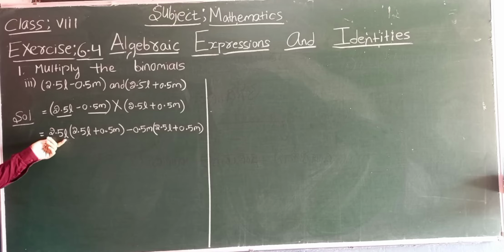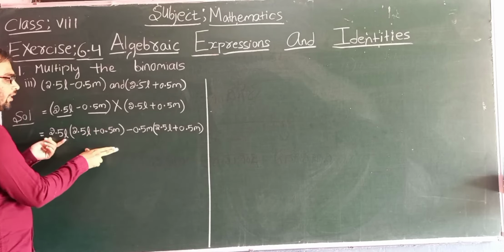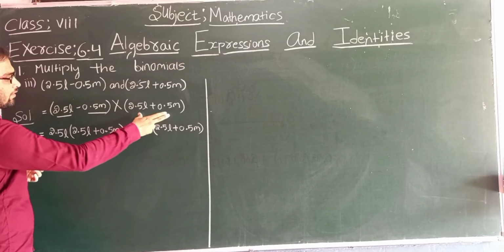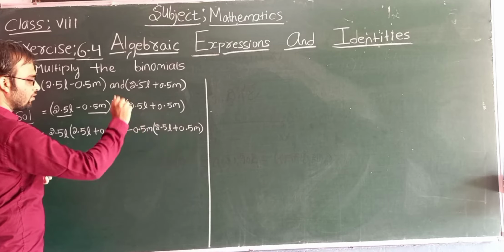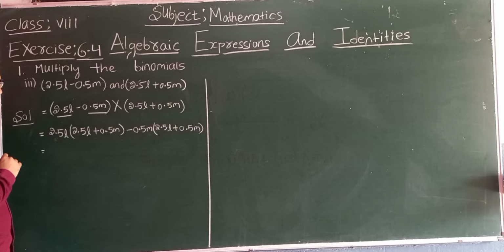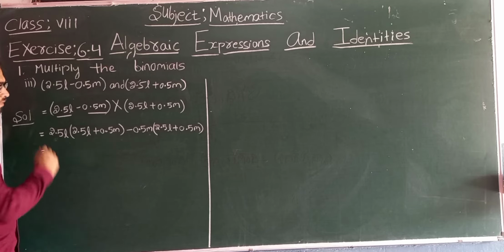First part we have written here, and this one we have written here. Next part we have written here, and this one we have written the same as it is. Now first what we need to do? We need to multiply this 2.5l with 2.5l. Next we need to multiply this 2.5l with 0.5m.